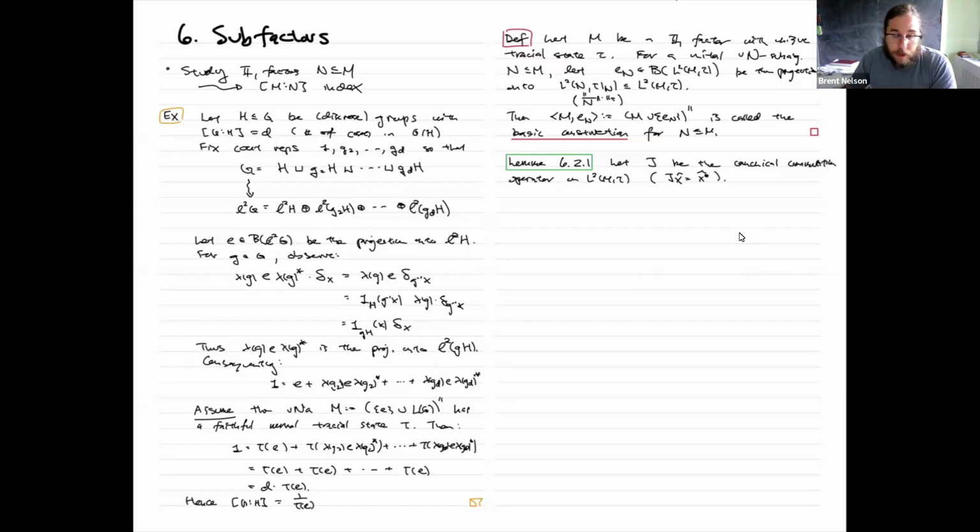And in the previous section, what Aldo was talking about yesterday, what's special about this operator is that JMJ is exactly the commutant of M. So what ends up happening in our case is that this basic construction is the commutant of JNJ.